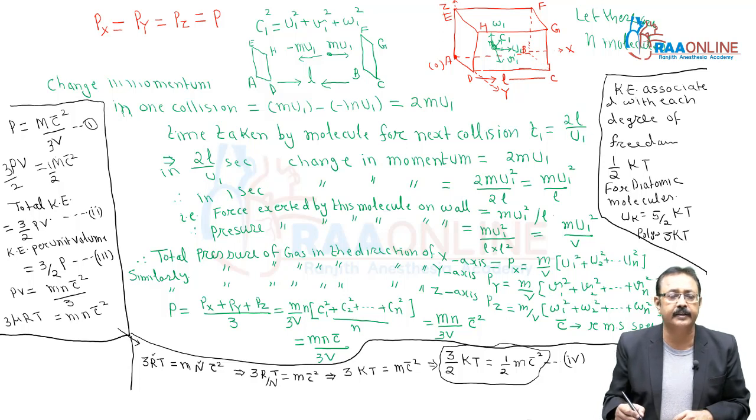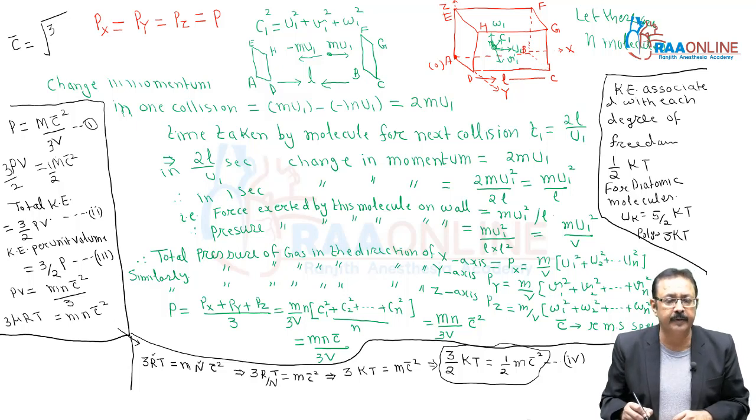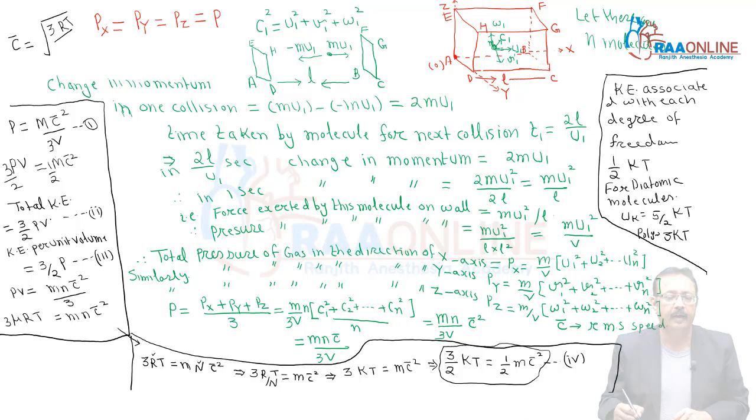So we can write C bar is equal to root of 3, taking mu as 1 mole, the mass means molecular weight, 3RT upon Mm, molecular mass.